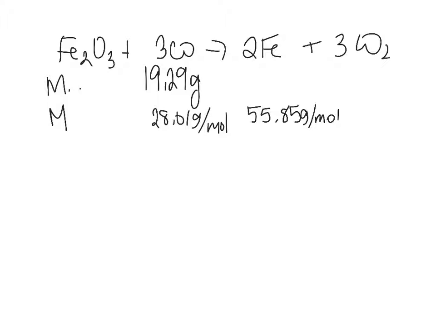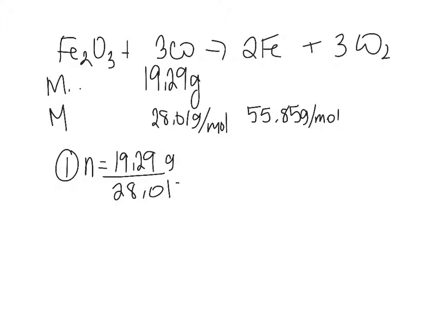Okay, so first step. We've got information about carbon monoxide, so we're going to calculate the moles of that. 19.29 divided by 28.01 will give us the moles of carbon monoxide.